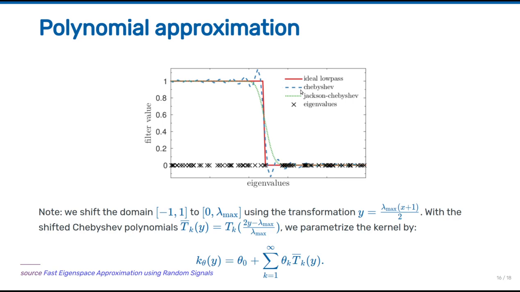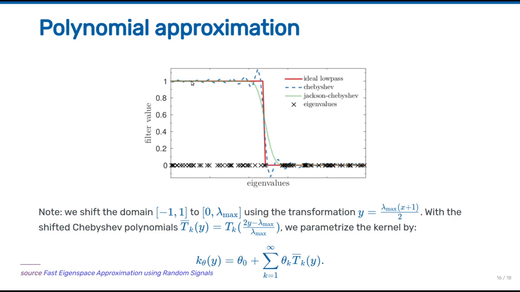You see that the Chebyshev approximation is the dotted line here, and it is very close to the ideal low-pass filter close to the boundary. Here, the [-1, 1] domain has been shifted to [0, lambda max] because I'm on a graph, using this simple transformation.